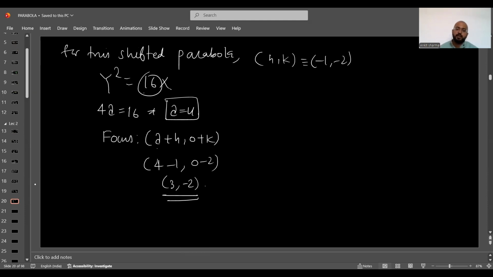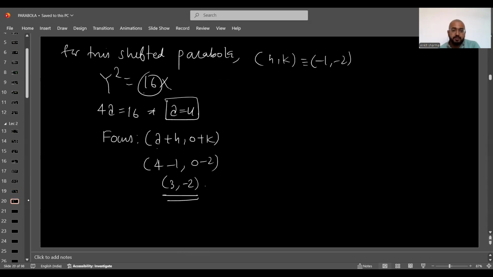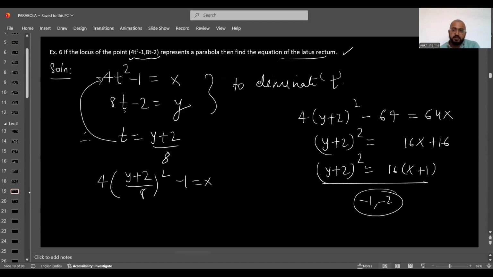Now, what is required is not the equation of the parabola, but the equation of the latus rectum. For this parabola, we know the vertex and we know the focus. The focus is (3, minus 2) and the vertex is at (minus 1, minus 2).